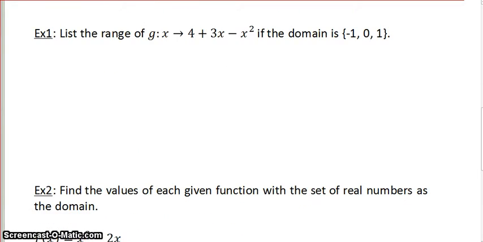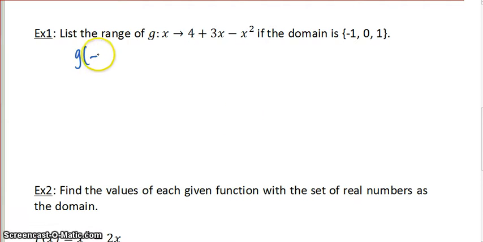Now, it says list the range of g of x for 4 plus 3x minus x squared if the domain is -1, 0, and 1. We said that domain involves the x's, so we're going to find the ranges, which are the y's, by plugging in each one of our domains. I'm going to write it in functional notation.